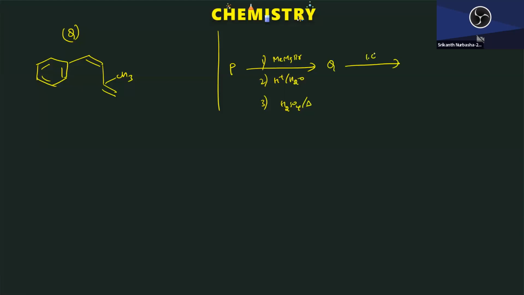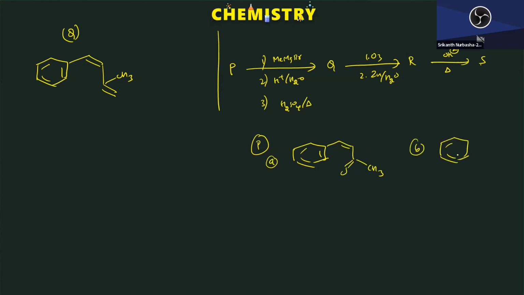Q treated with O3, Zn/H2O, R treated with OH minus upon heating. So I have given the option P. The first option is this one, option A. Option B is one more substitution placed.